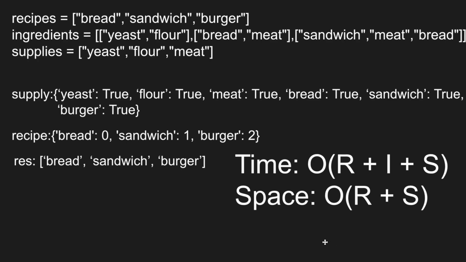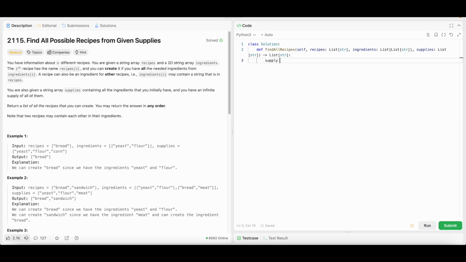So now let's get to the coding part. First we will make the supply map. So s will be set to true for s in supplies. And then we'll make the recipe map. So we'll do food, and the value will be i, for i and food in enumerate recipes.